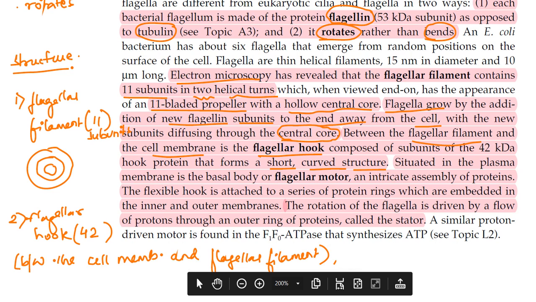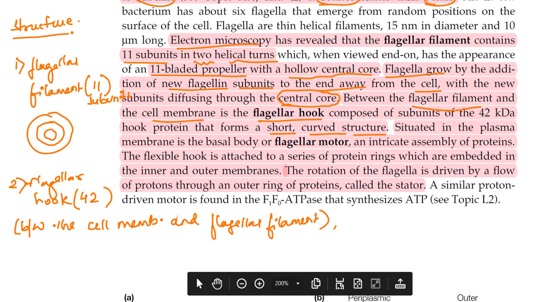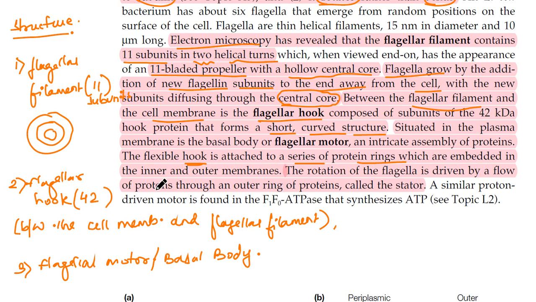Now coming to the third part, the flagellar motor. Where is this flagellar motor present? This flagellar motor is also known as the basal body. This flexible hook, which is the second part, is attached to a series of protein rings which are embedded in the inner and outer membrane.